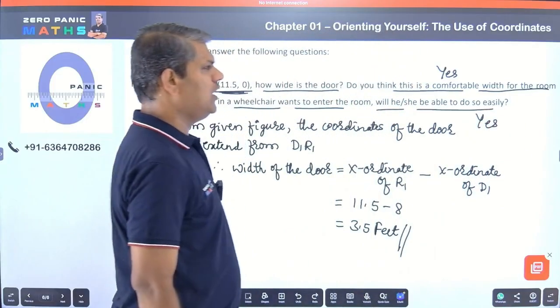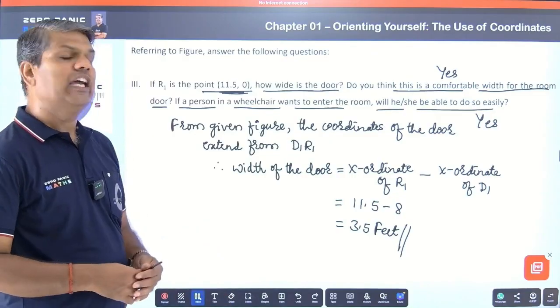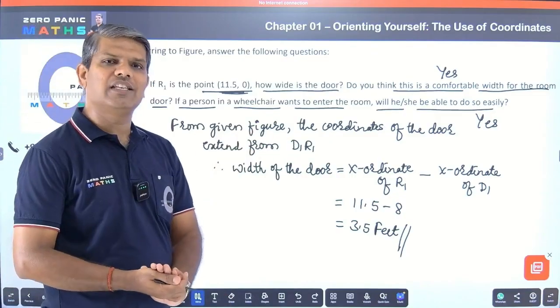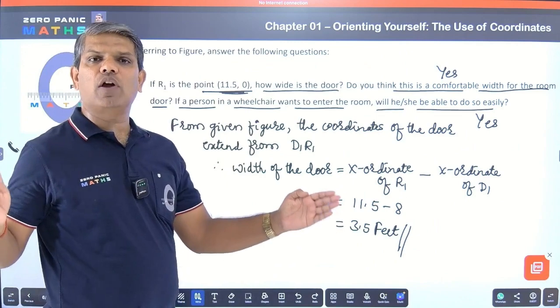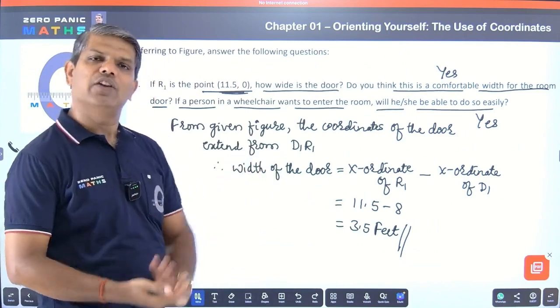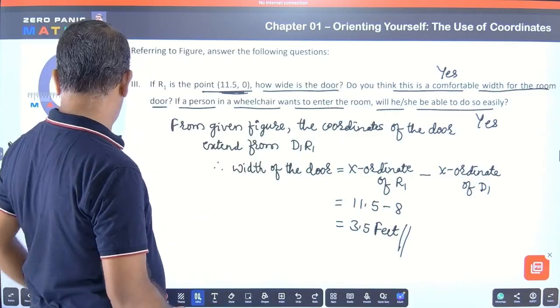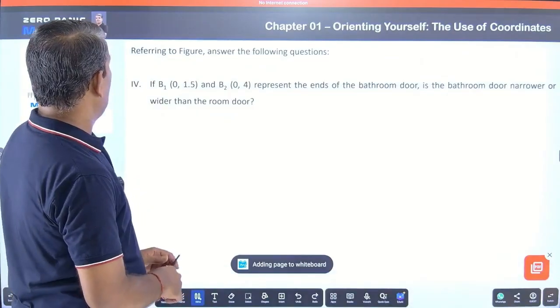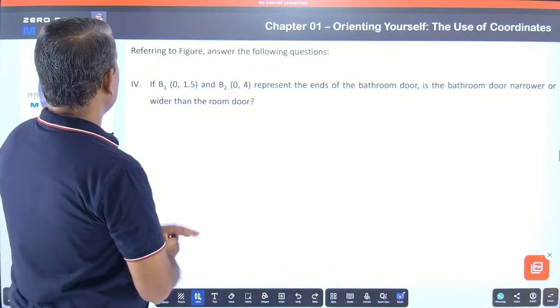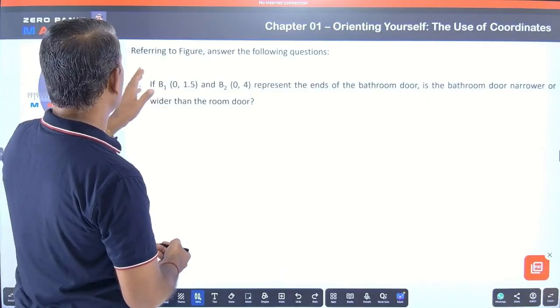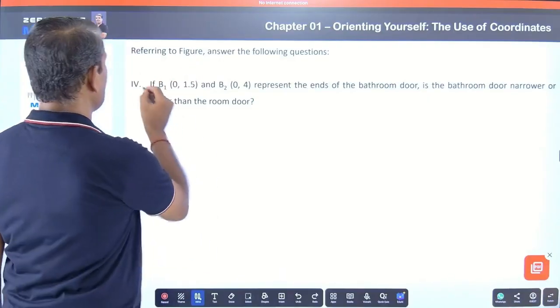Yes, he or she with a wheelchair can enter this room easily with a 3.5 feet wide door. So that is the answer to this question. Now there is one more question. Fourth question, referring to the figure, answer one more question.